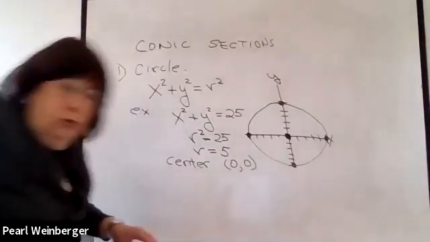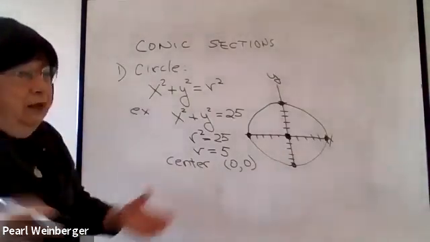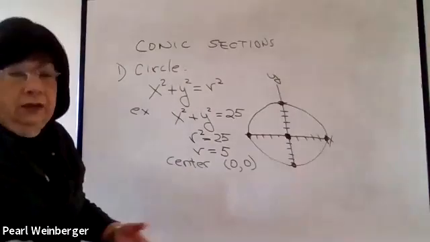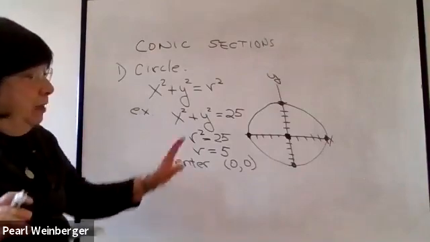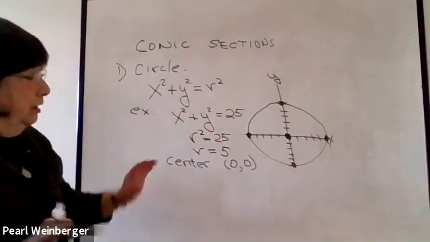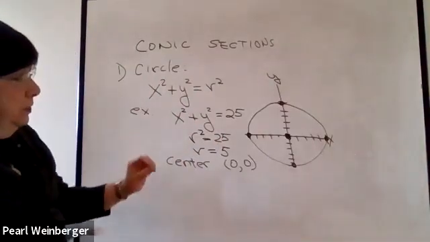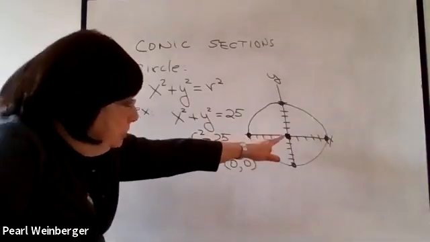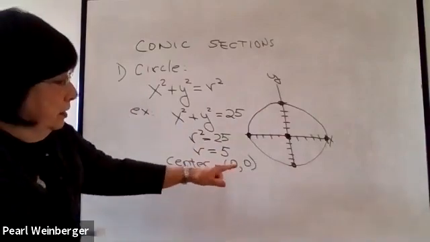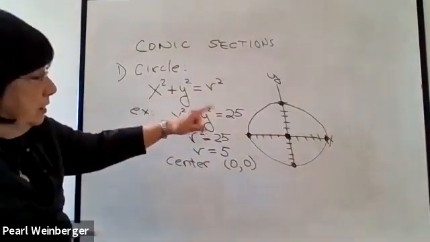I know it looks a little bit off. If you did it on a graph, let's say on Delta Math, it'll probably come out to be a perfect circle. But basically, the simplest circle is the circle whose center is at the origin, and its equation is x squared plus y squared equals r squared.